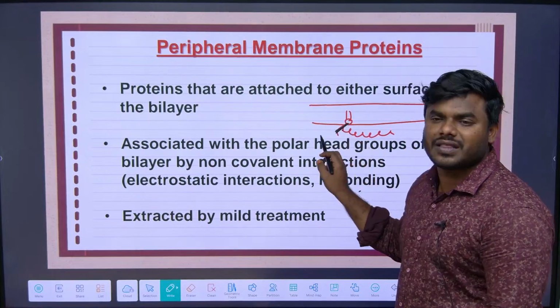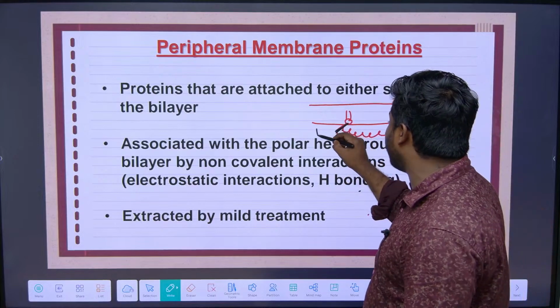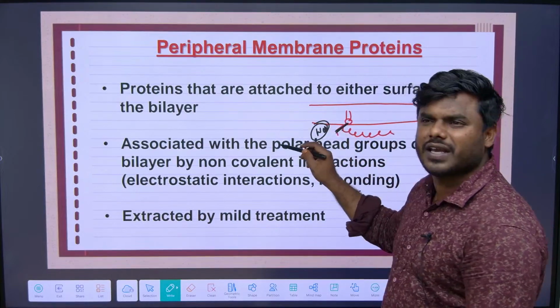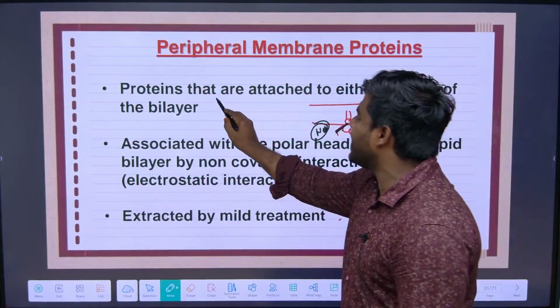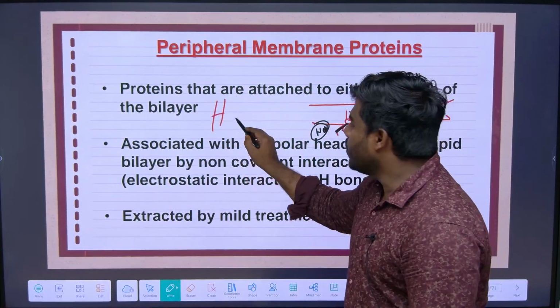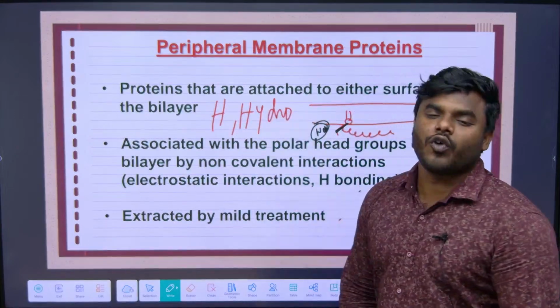We can easily break this linkage, because it is associated via non-covalent linkage. What are non-covalent linkages? Weaker interactions. You can consider hydrogen bonds, electrostatic interactions and hydrophobic interactions.